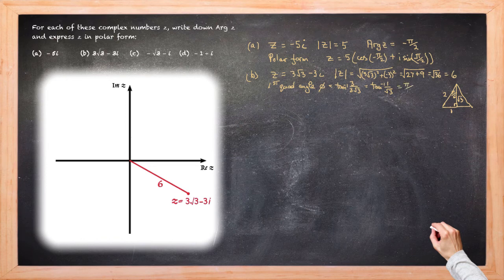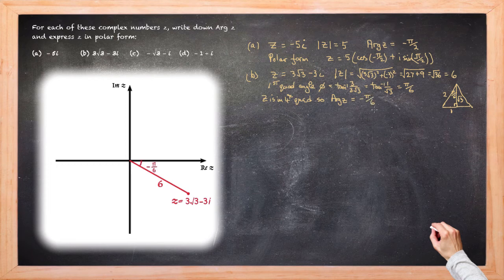Pi upon 6 is the first quadrant angle, and since that complex number is in the fourth quadrant, the principal argument would just be the negative of the first quadrant angle. So arg Z is negative pi upon 6.